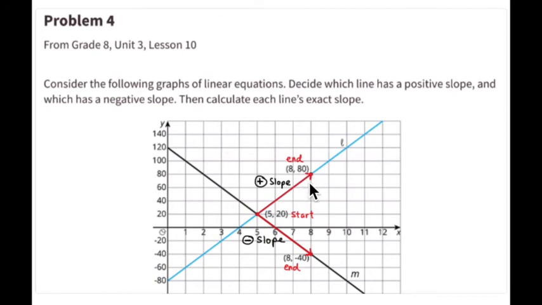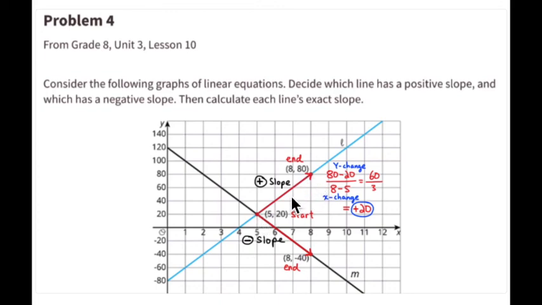So I'm going to subtract the lengths along the y-axis first. That's how much is changing along the y-axis. So I'm going to take this 80 units and I'm going to subtract these 20 units right here. And I'm going to divide that by the change along the x-axis. So I'm going to take these 8 units here along the x-axis and subtract these 5 units here along the x-axis.